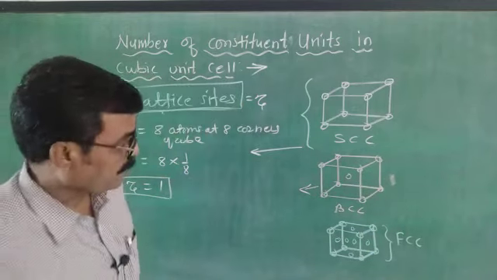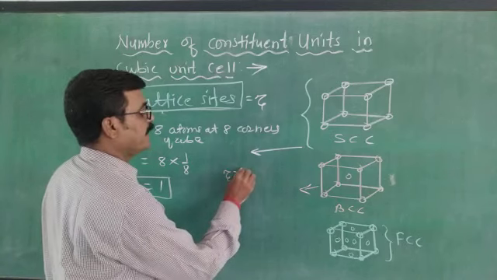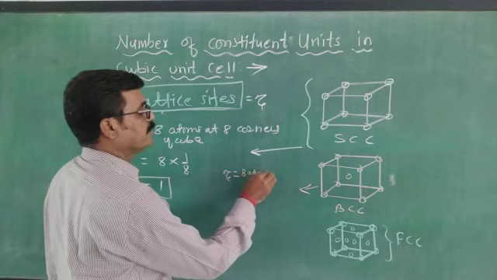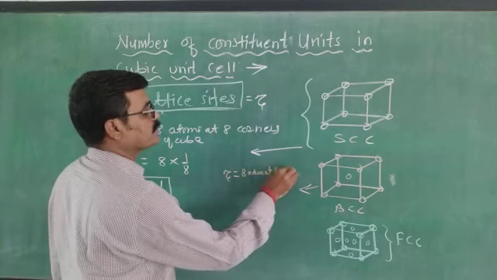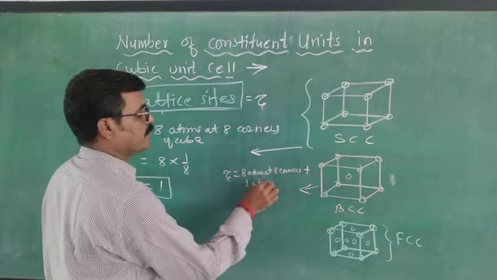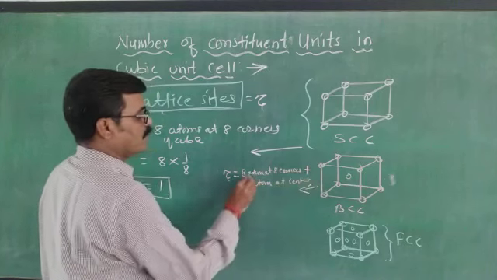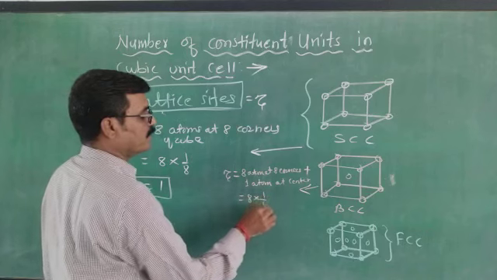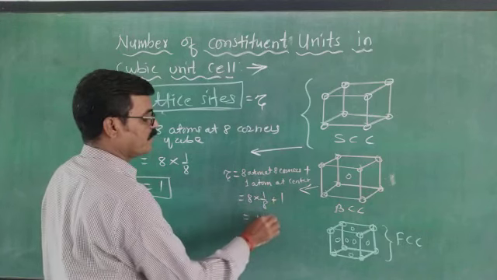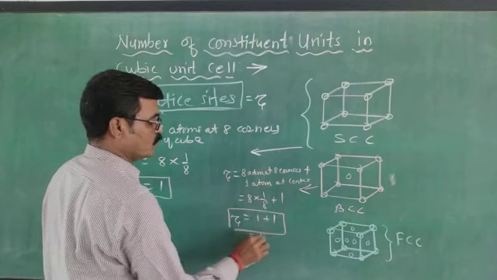See, for BCC, Z equals 8 atoms at 8 corners plus 1 atom at the center. 1/8 into 8 plus 1, that's 1 plus 1, so Z equals 2.